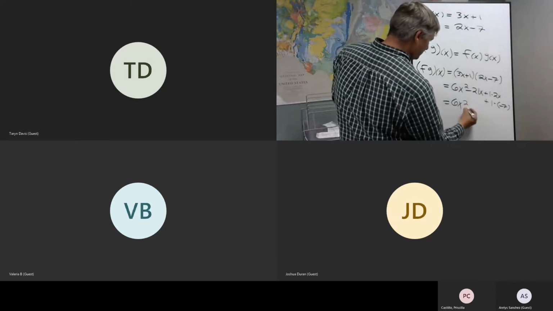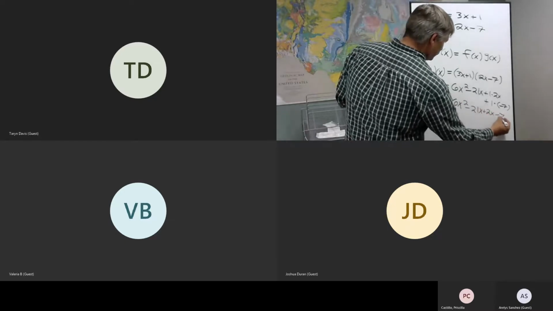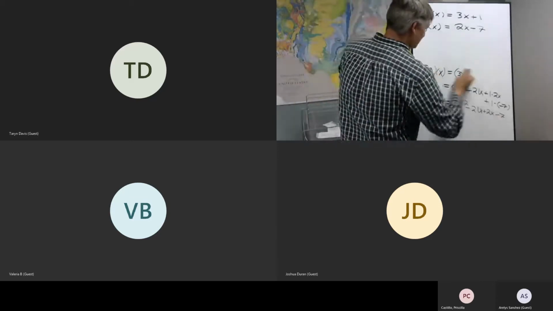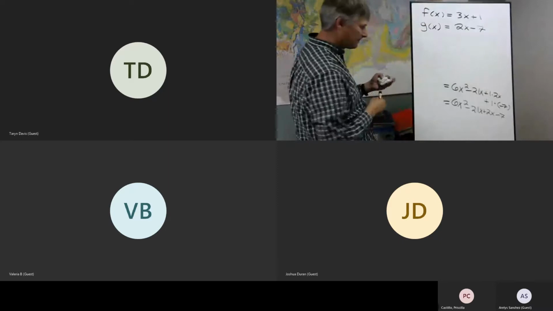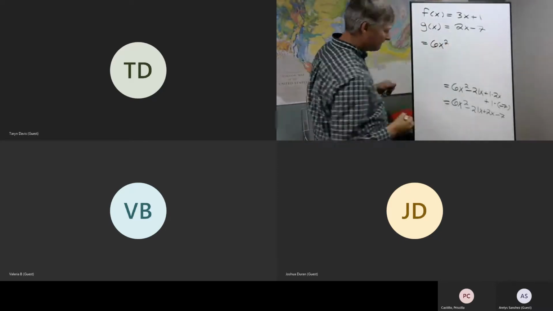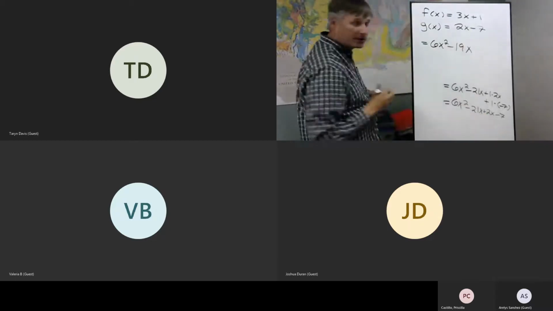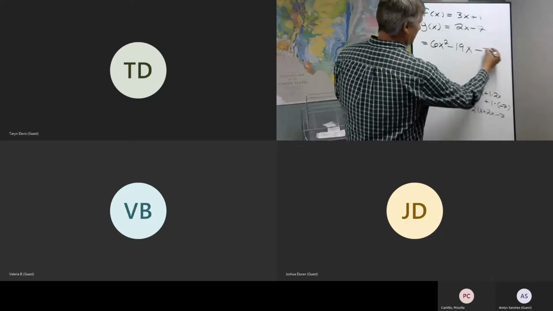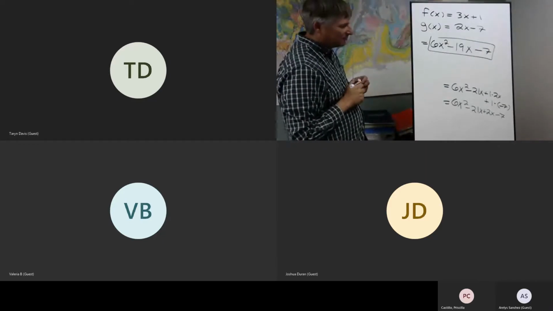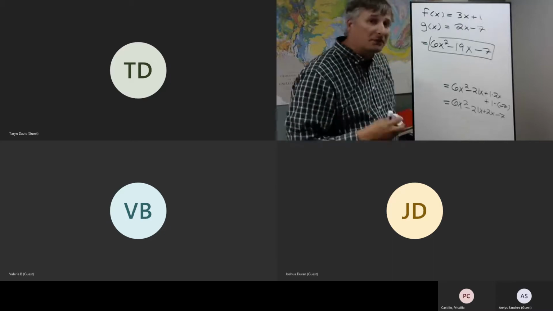We have minus 21x plus 2x minus 7. Minus 21x plus 2x is minus 19x minus 7. And that's going to be our answer. Questions about that?